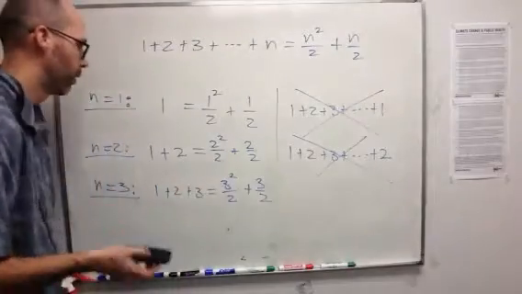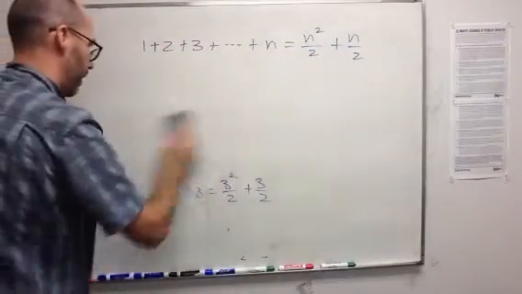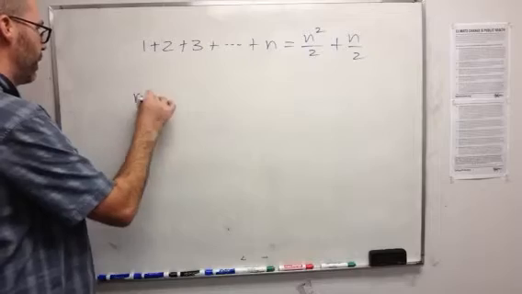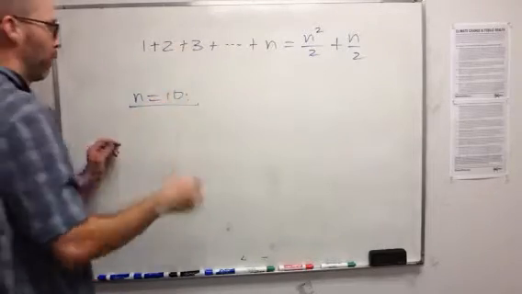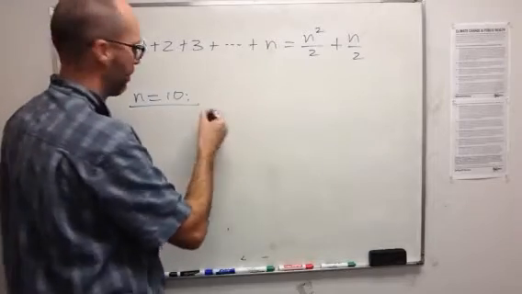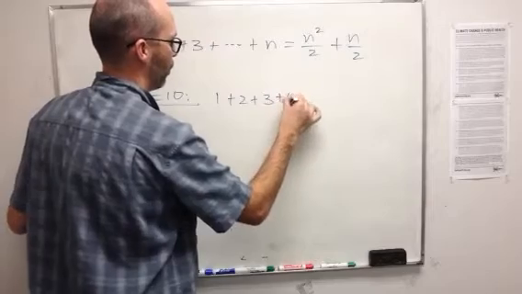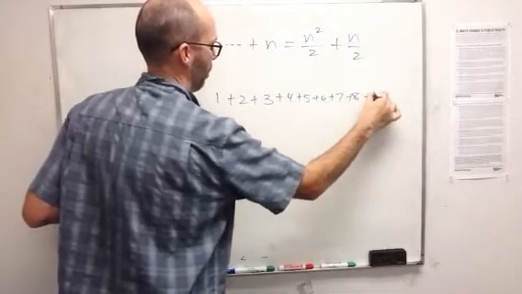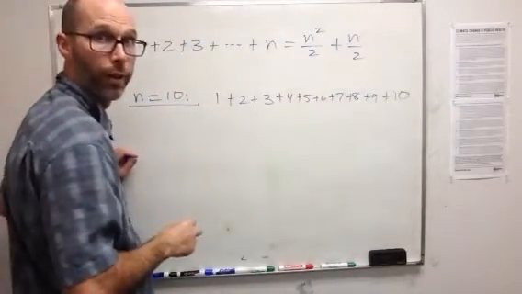Okay, so now let's say that n equals 10. What this gives is a nice little formula for adding up the numbers 1 through 10: 1 plus 2 plus 3 plus 4 plus 5 plus 6 plus 7 plus 8 plus 9 plus 10. You could just add all those up and figure it out.